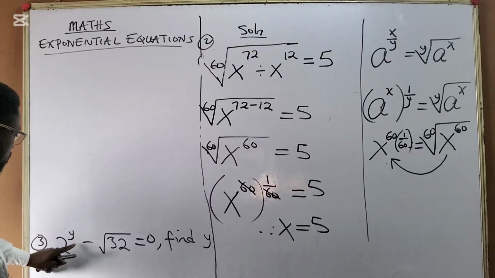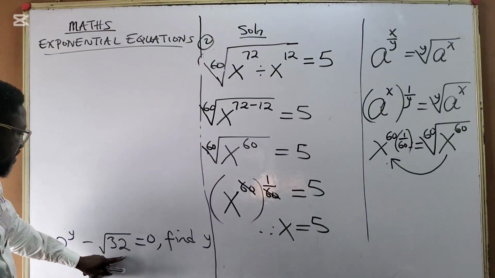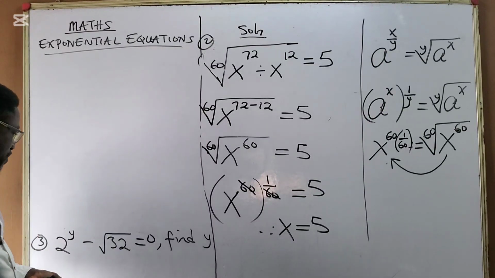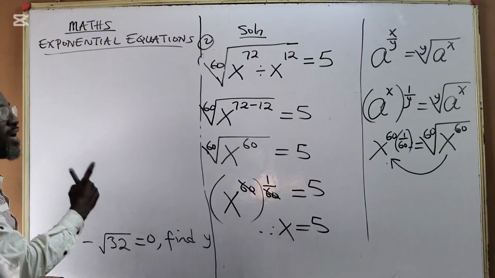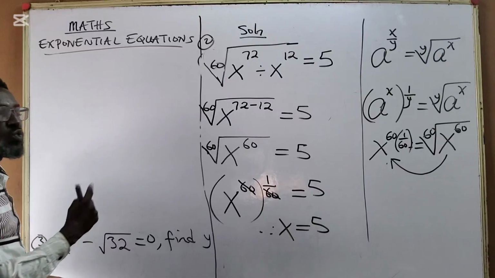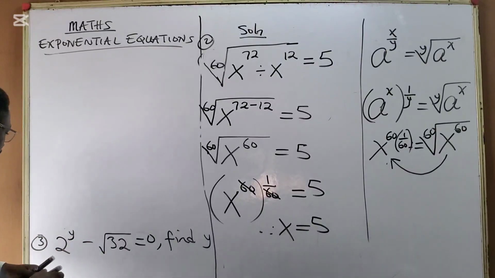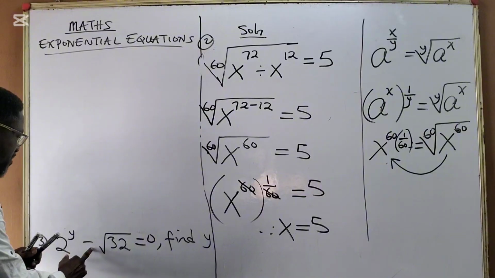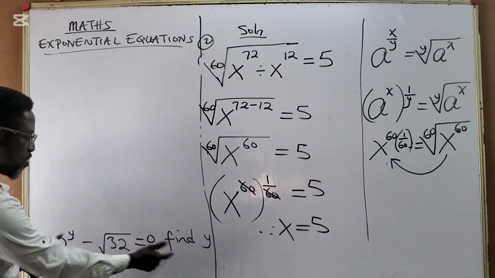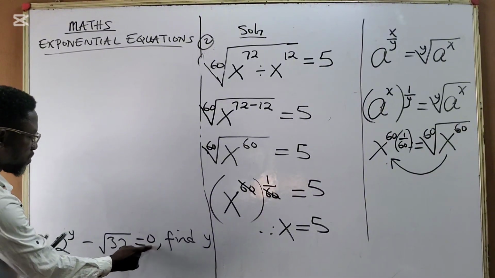Okay, so let's see 2 raised to the power y minus square root of 32 equals 0. This might look a little bit tricky at first, but it's not. It's just as simple as question 1 and question 2, which we solved earlier. Now if I want to solve a question like this, because of this minus sign, I can take this root 32 across the equality because here is 0.